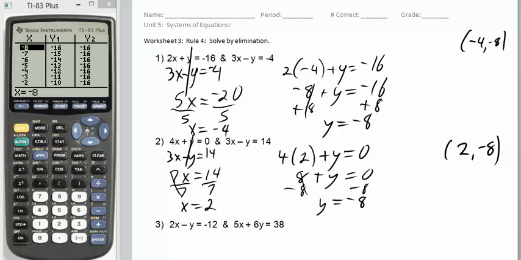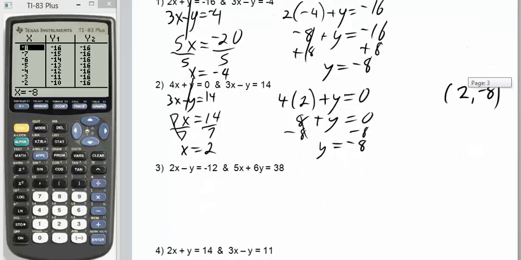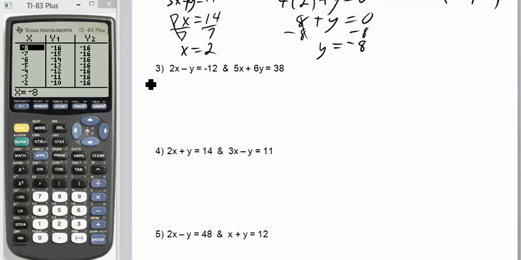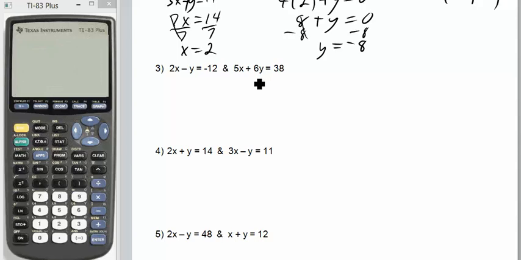Alright, so now on this next one, though, actually a little bit harder. Because if you look, 2x and 5x, those aren't opposite. Negative y and positive 6y, those aren't opposite. So we're going to have to do something to make them opposite. So what we can do here is if I multiply this by 6, isn't negative 6 the opposite of positive 6?